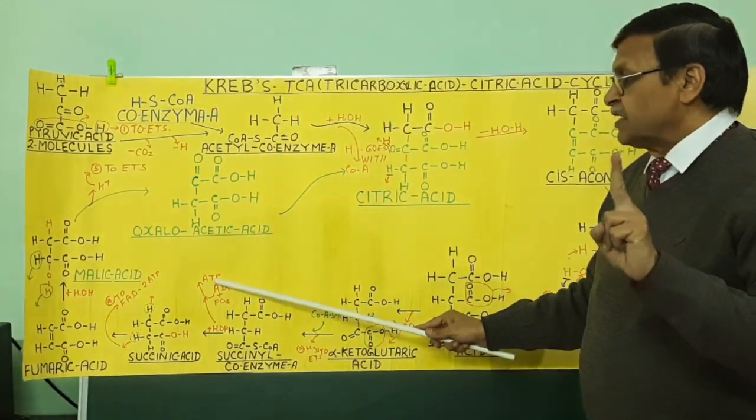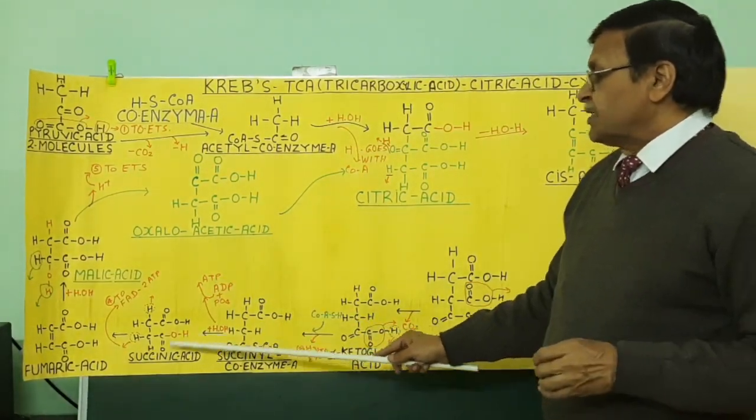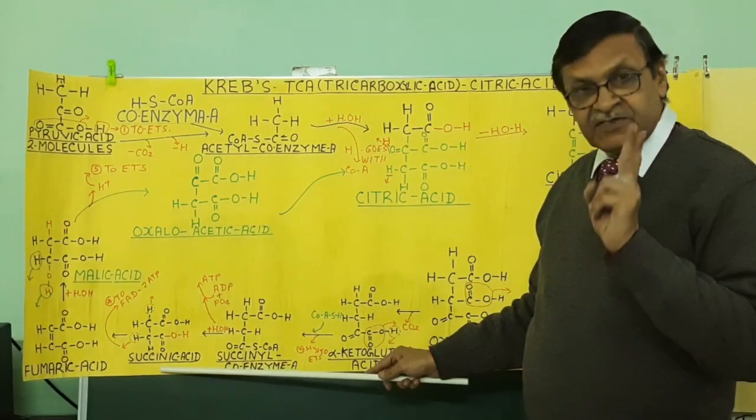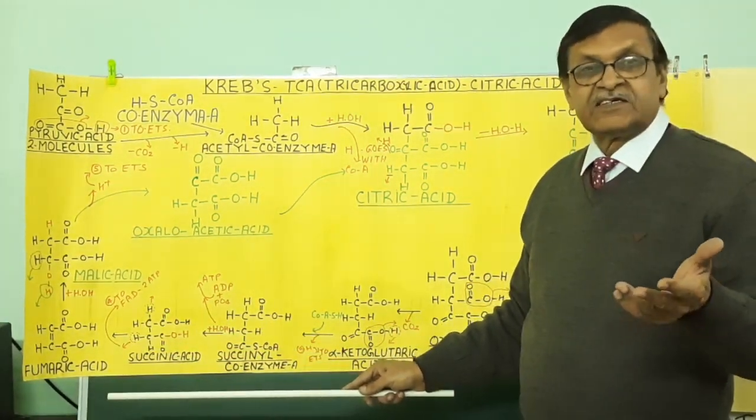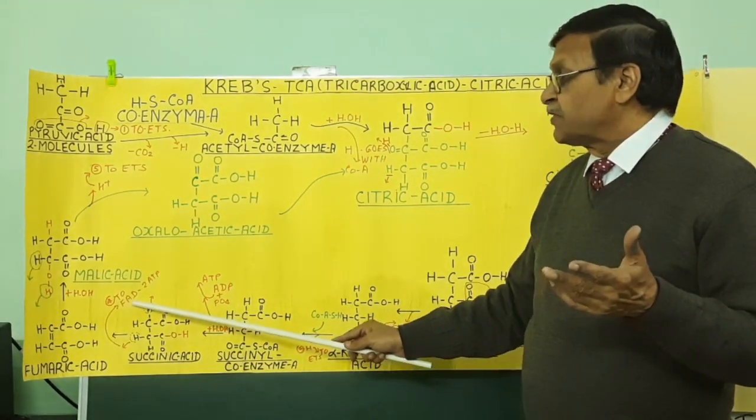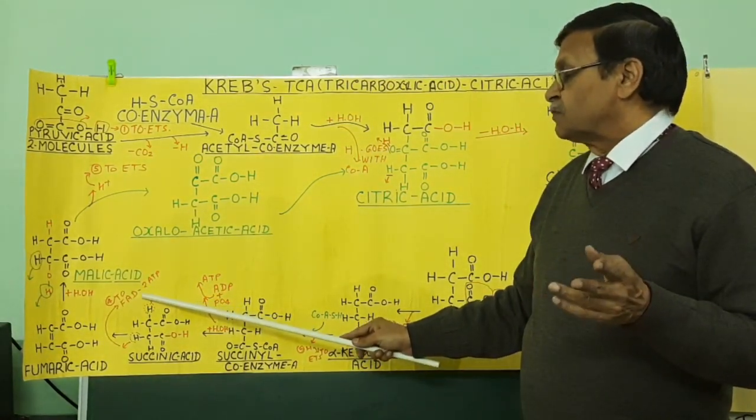It makes only 1 ATP at a time. Dehydrogenation in succinic acid forms the excited electron of hydrogen, but it is taken by FAD, so only 2 ATP are formed.